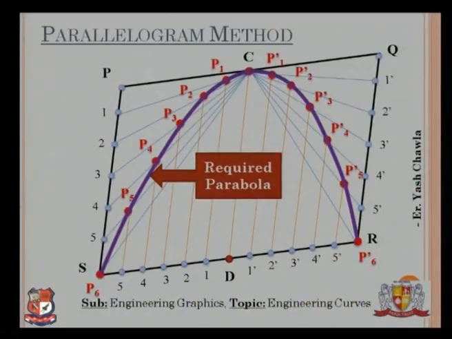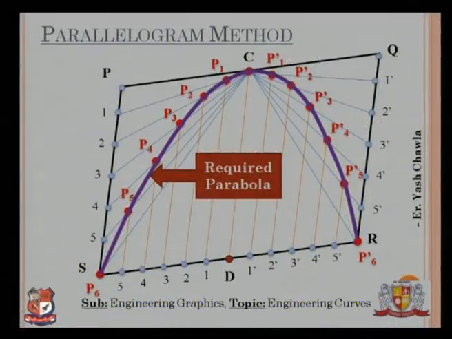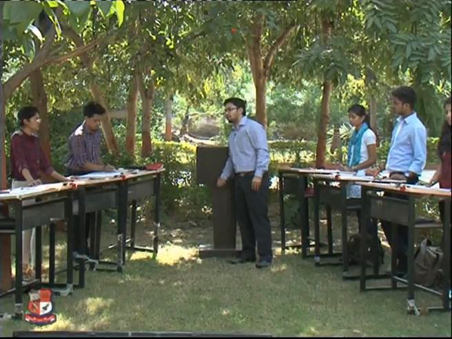If this method is given, how are you going to identify it? Say, for example, in the previous question I told you that we are throwing a stone from the base. It attains a maximum height of 20 meters and then falls after 100 meters. Now another case: the projectile is launched from ground level.